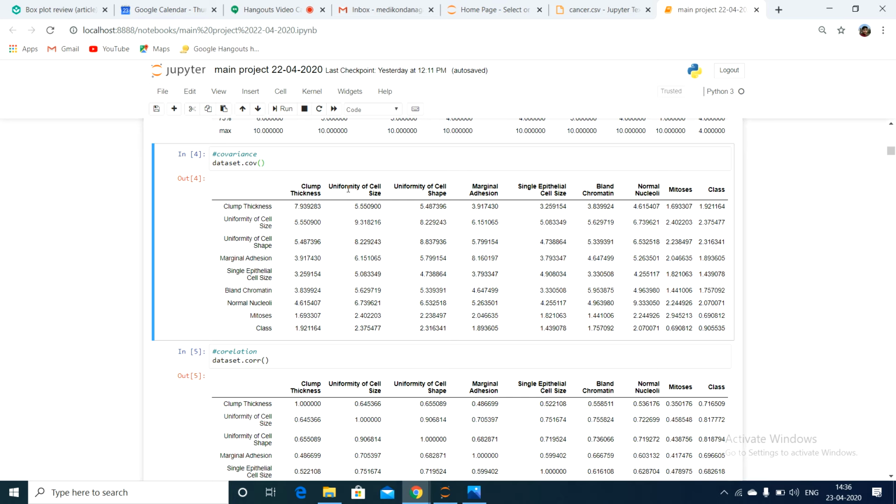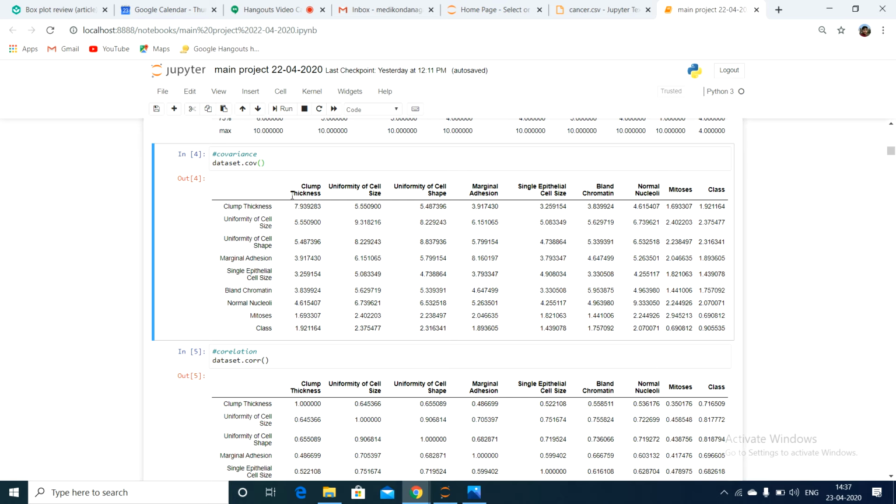A vector quantity represents both magnitude and direction. So think of it like this: covariance is like a scalar quantity, correlation is like a vector quantity. Here is the magnitude, here is the direction.